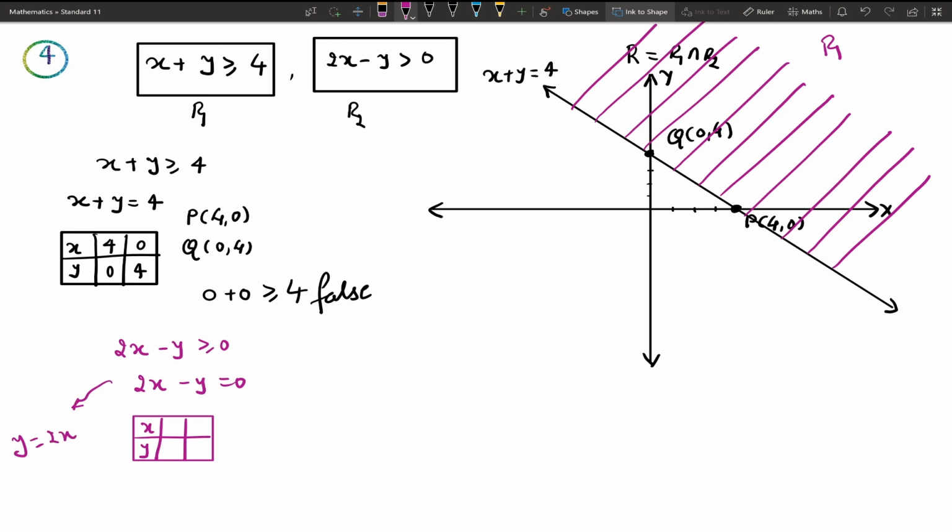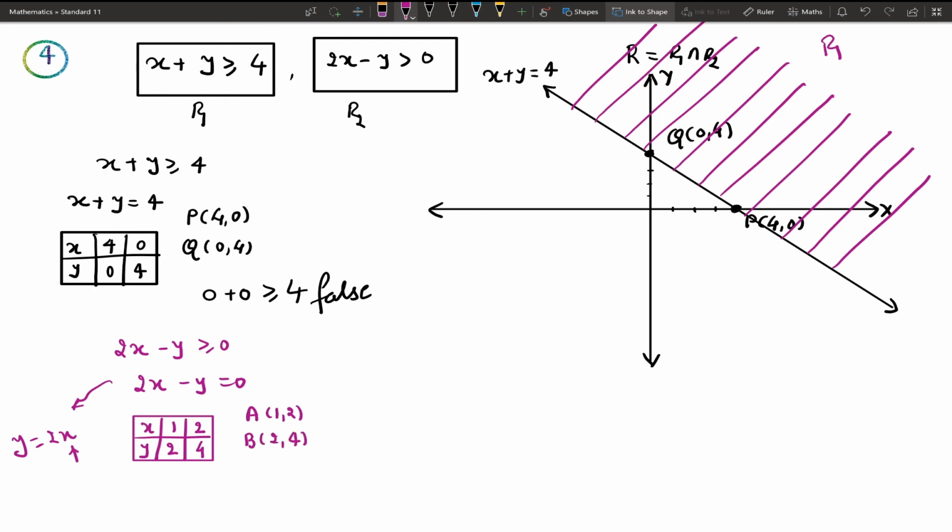So if we take x equal to 1, then y will be 2. If we take x equal to 2, 2 twos are 4. So two points, A (1, 2) and B (2, 4).